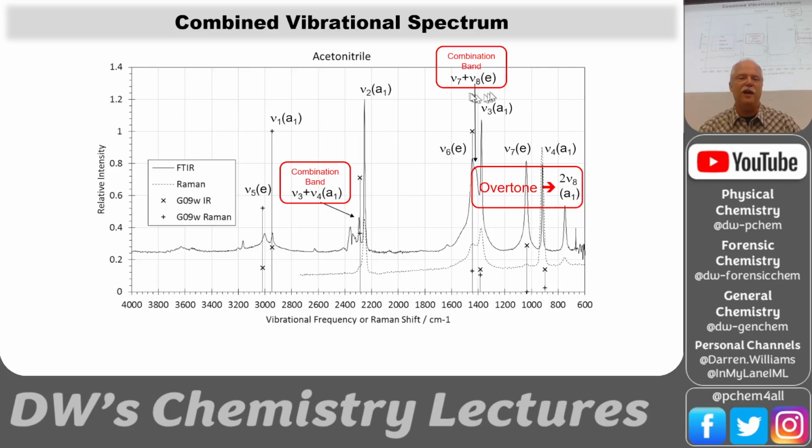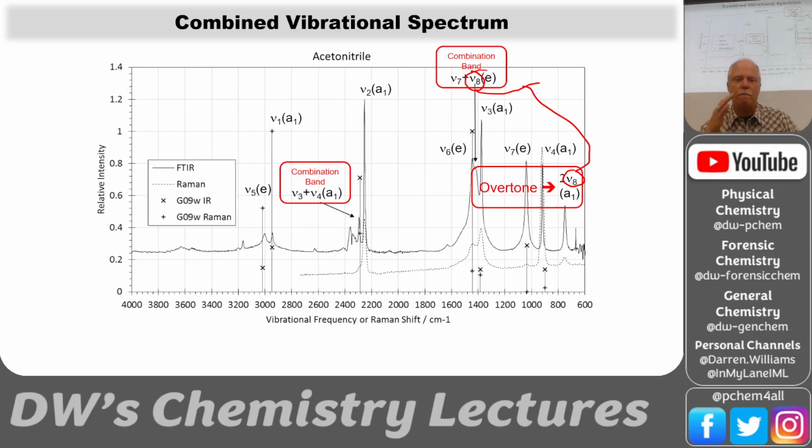And then here's another measurement of nu8, where we have this combination band of nu7 plus nu8. So we could get a measurement for nu8 using this overtone and using this combination band. So there's 2 values that we could use to determine the frequency of that 8th vibrational motion, even though we can't see it directly in this spectrum.